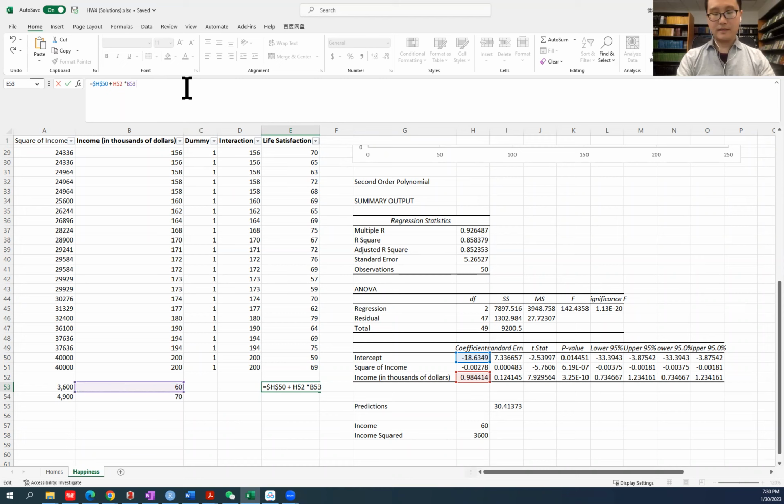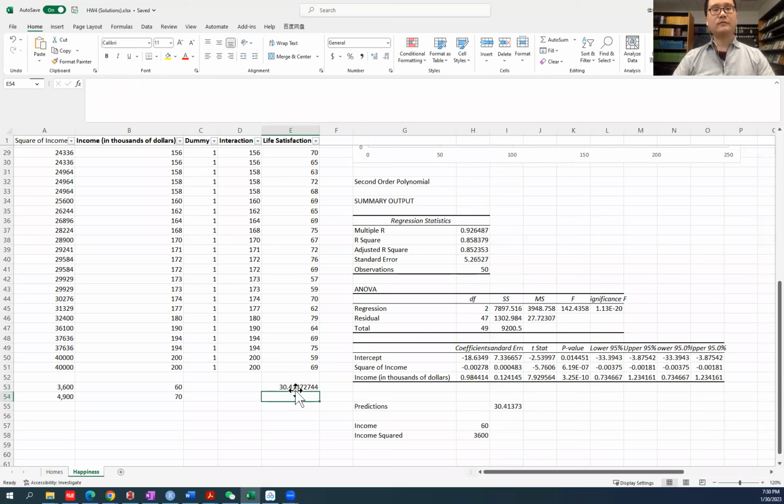Then we also need to add another effect from the square of income by using this coefficient. For coefficients, it's helpful to use absolute reference. For the coefficient corresponding to square income, of course, we need to multiply it by the square of income. So make sure the sequence of the predictors matches that of the coefficients. All right, this would be the calculated life satisfaction.